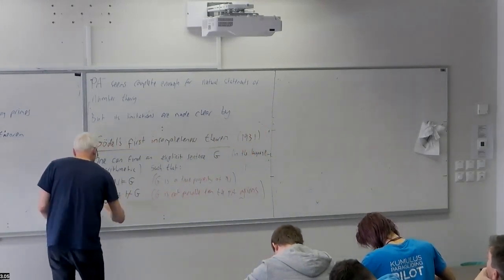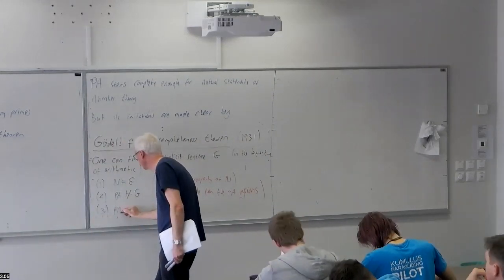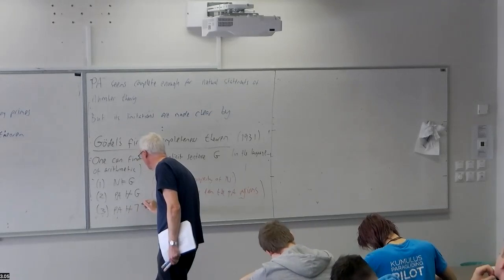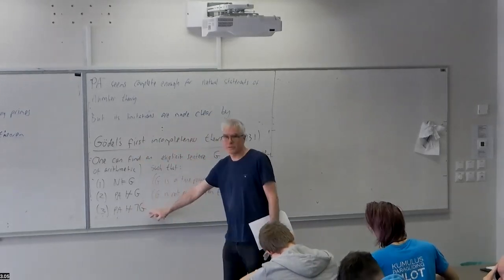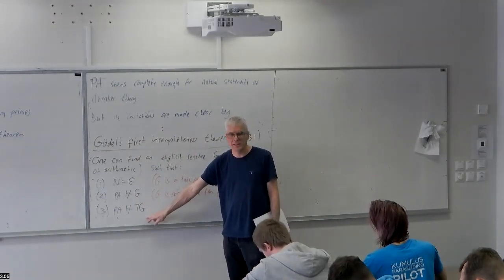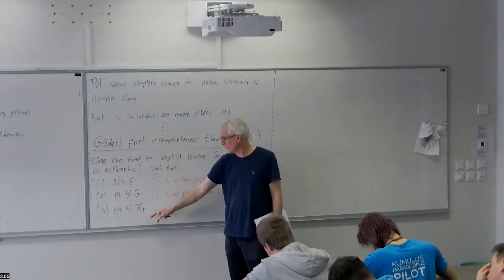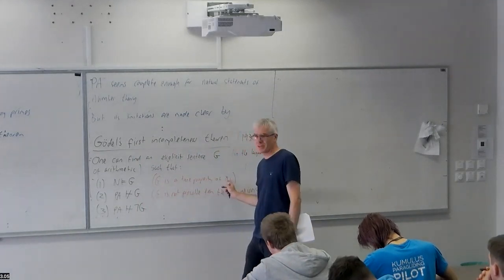And thirdly, also the negation of G is not provable from the PA axioms. If the negation of G were provable, that would be alarming, because G is a true property of the natural numbers.